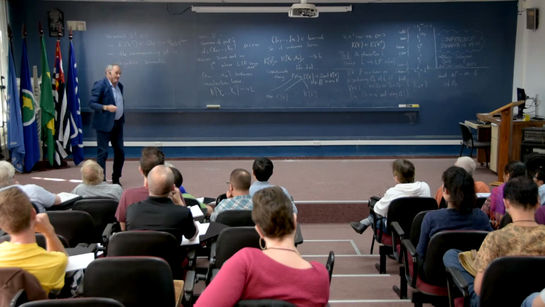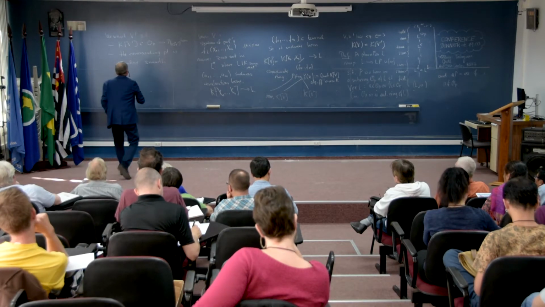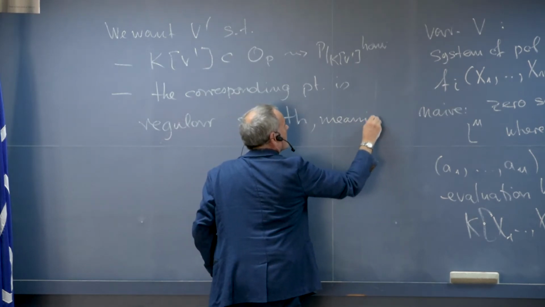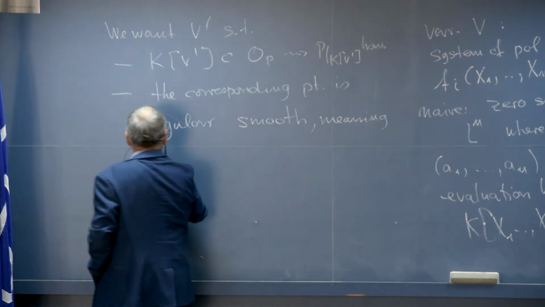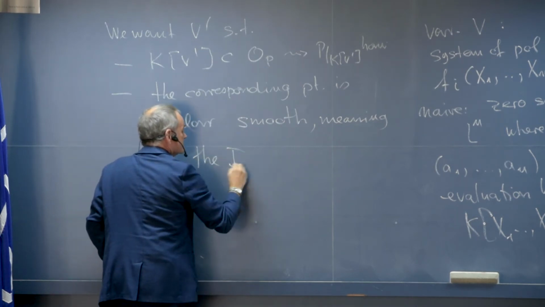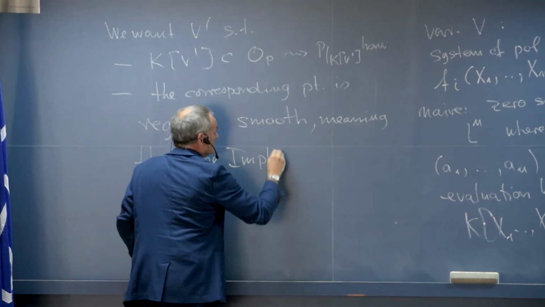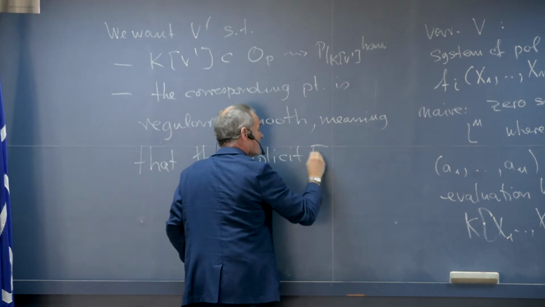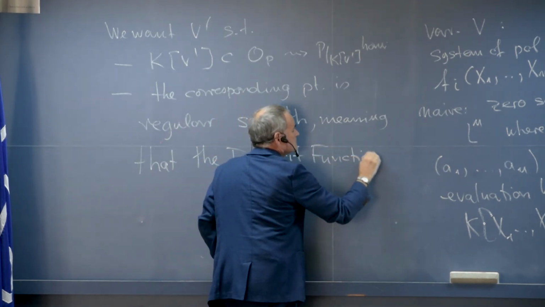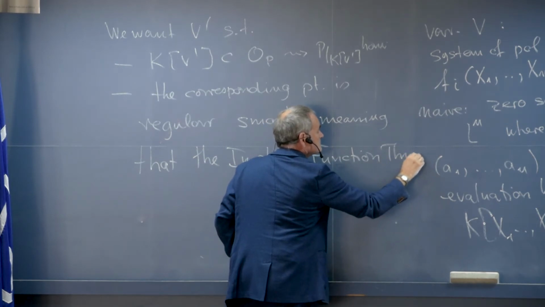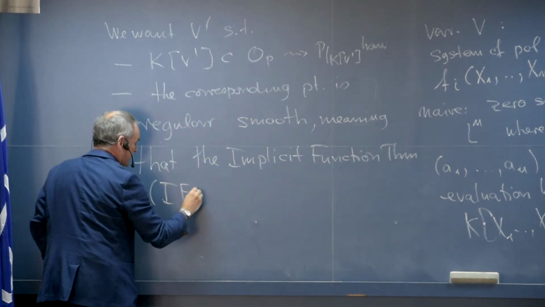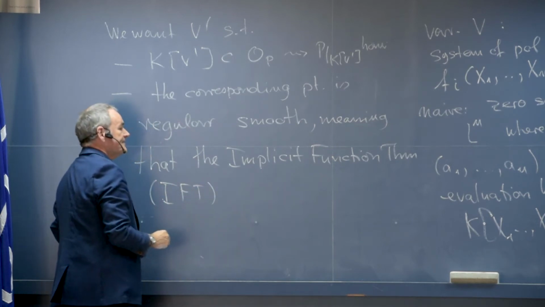What does smooth mean? That means that the implicit function theorem, which I will abbreviate by AFT, holds in this point.